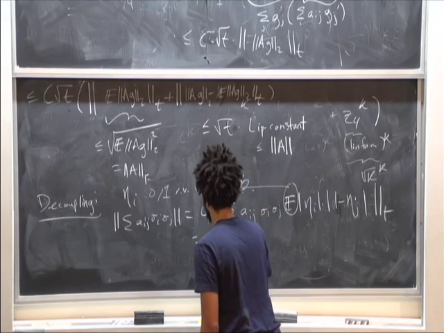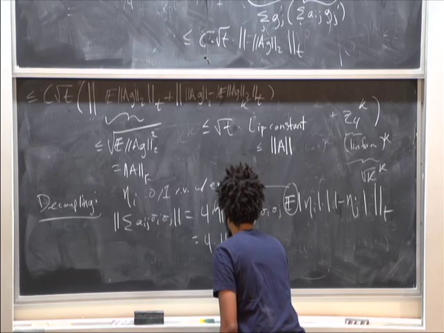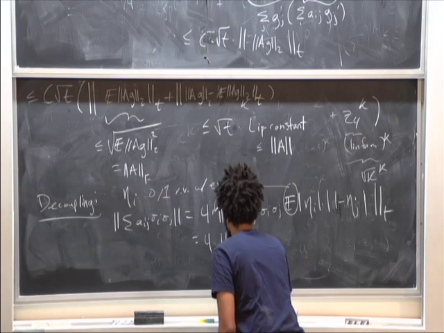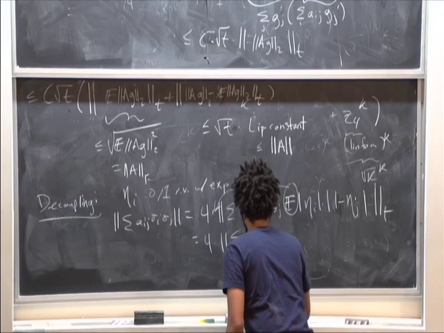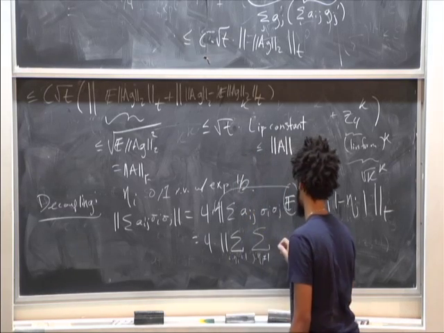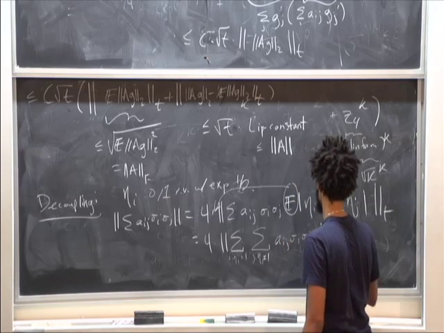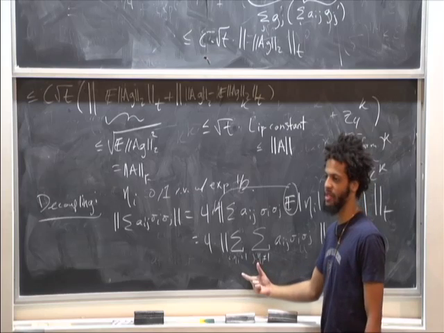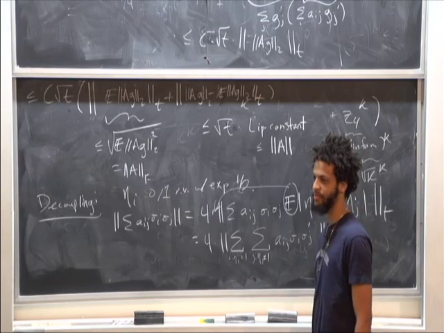And this just becomes 4 times the sum over I such that eta I is equal to 1, sum over j such that eta j is not equal to 1, it's equal to 0, of aij sigma I sigma j. And these are just disjoint sets. So you can replace this with this.